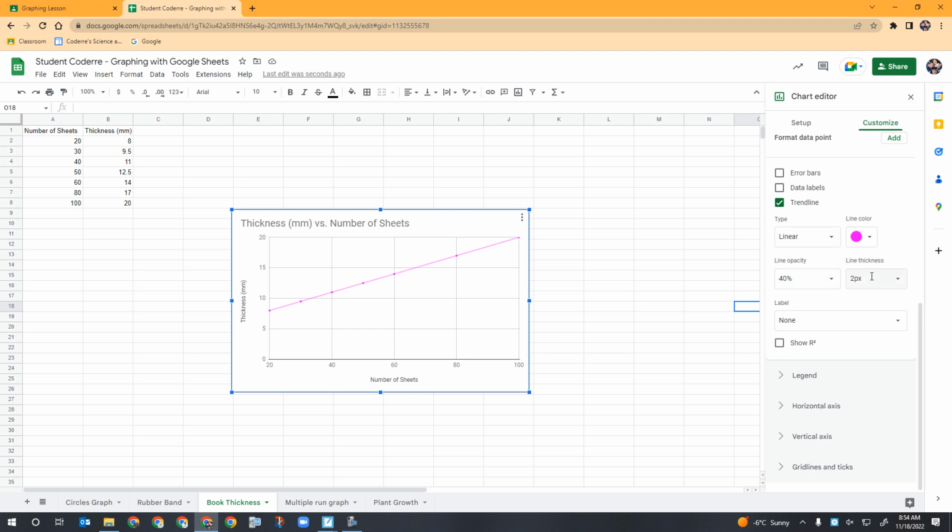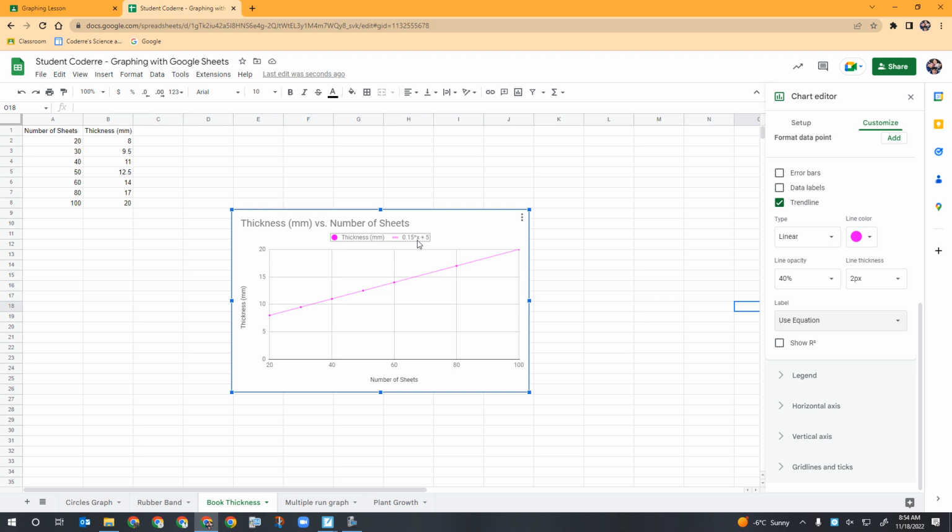So that stuff I'm not going to change, but I am going to go down here to label. Okay, and I'm going to click on that where it says none, and I'm going to use equation. And you can see that when I do that, I get this little extra tab up here on the top of my graph.